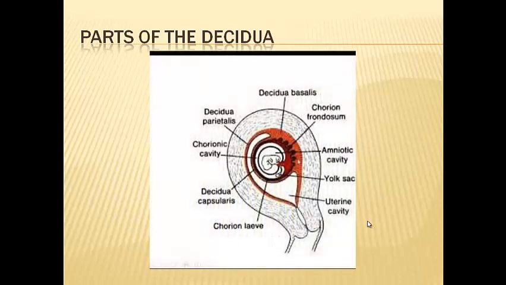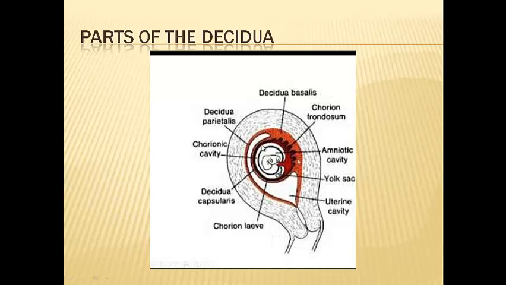Now, the decidua itself is actually divided into a couple of parts. There are two main parts that I want you to identify. If you look at this side here, anything that's in orange and related to the uterine wall, that is what we call the decidua. Notice how you have a part of the decidua in the uterine wall that comes in close contact with this part of the chorion here.